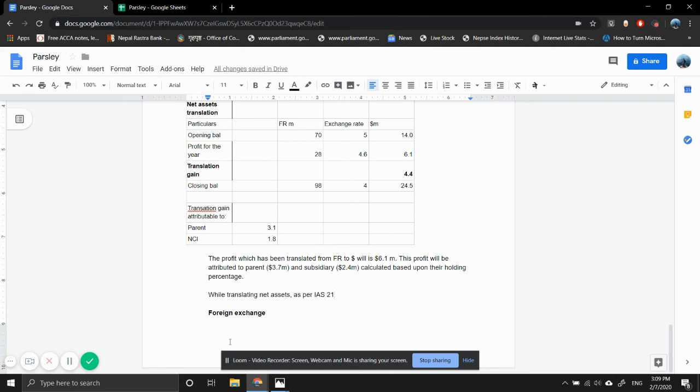So what I'll do is that foreign exchange is not necessary. Per IAS 21, gain or loss arises due to fluctuation of exchange rate.